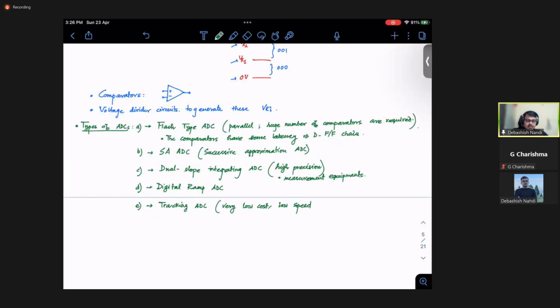And why do you have these low speed operations? Suppose for temperature sensors, right? Temperature in a room does not change very rapidly. Temperature change is a very slow process. So to track those temperature changes, you need temperature sensors, which may not require high precision or high speed ADCs.